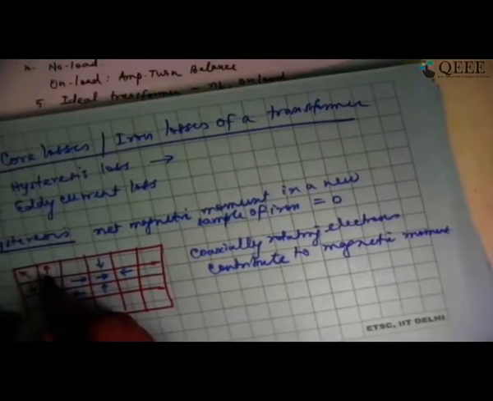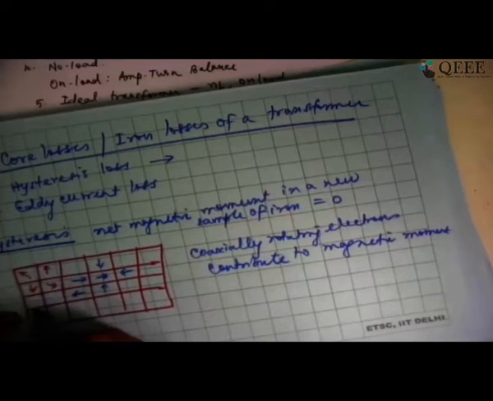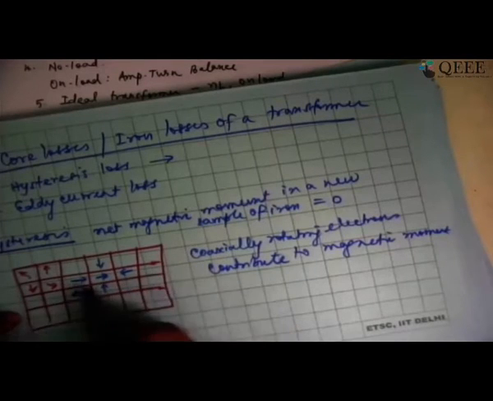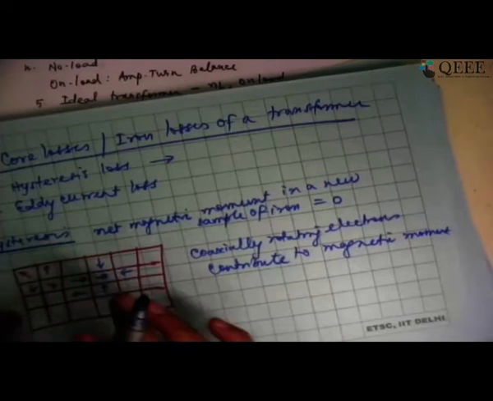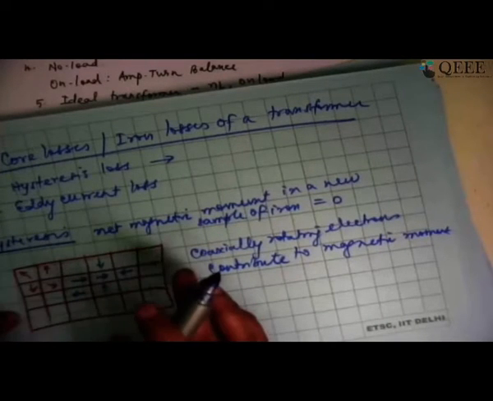Only in ferromagnetic material you are going to have magnetic moment in a particular direction. Maybe a few of the atoms will rotate in a particular direction, so that the electrons rotate in a particular direction, so the magnetic moment is oriented upward. In the other case, it is oriented downward. In the other case, it is oriented leftward and rightward, and so on. So all these magnetic moments are available inherently in a ferromagnetic material.